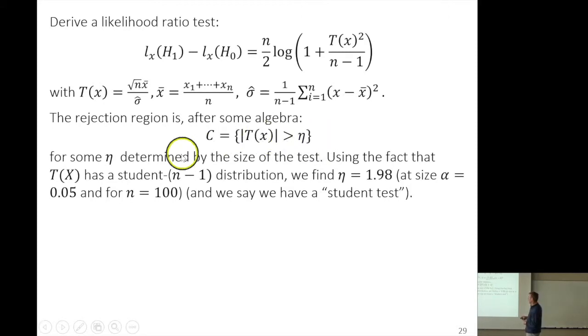T, like before, has a student distribution, so we can compute the threshold. For example, at a size 0.05, the threshold is 1.98. If we would have used the Gaussian approximation instead of student, we would have found 1.96.